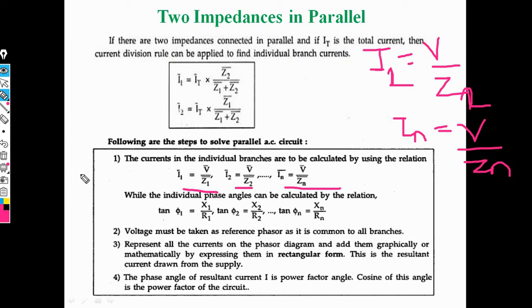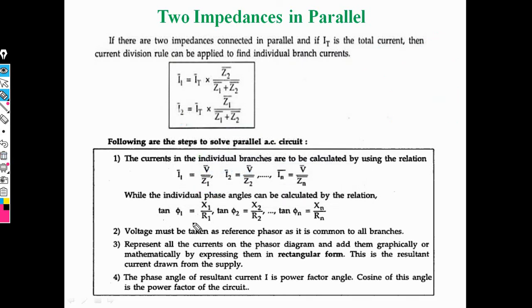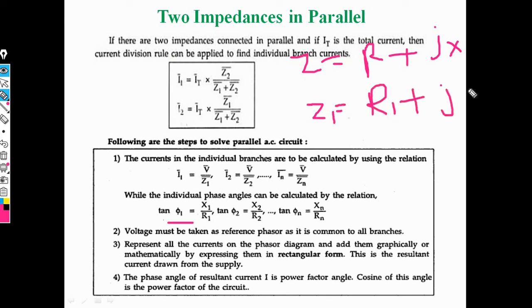Now here we need the angle tan phi. Z is equal to R plus jX. Then Z1 is equal to R1 plus jX1, then tan phi 1 is X1 upon R1.